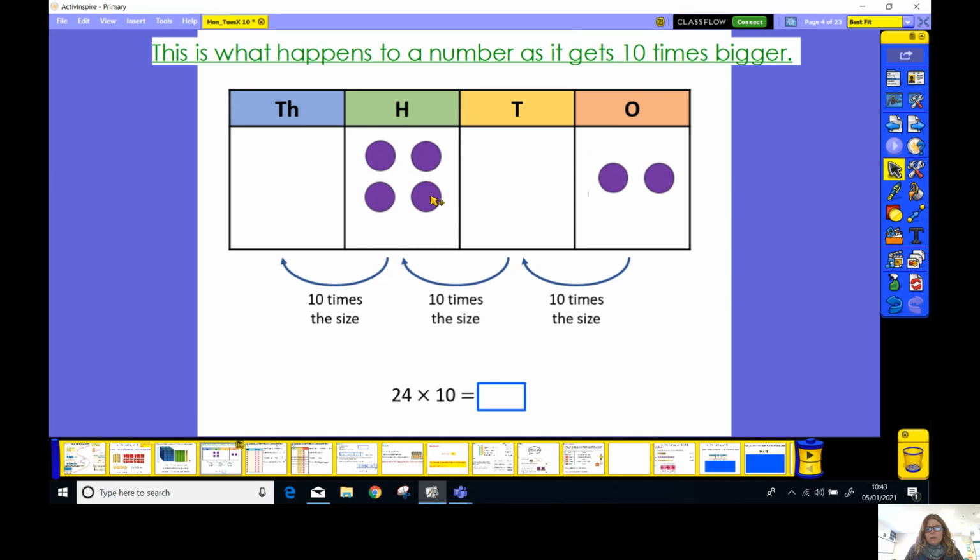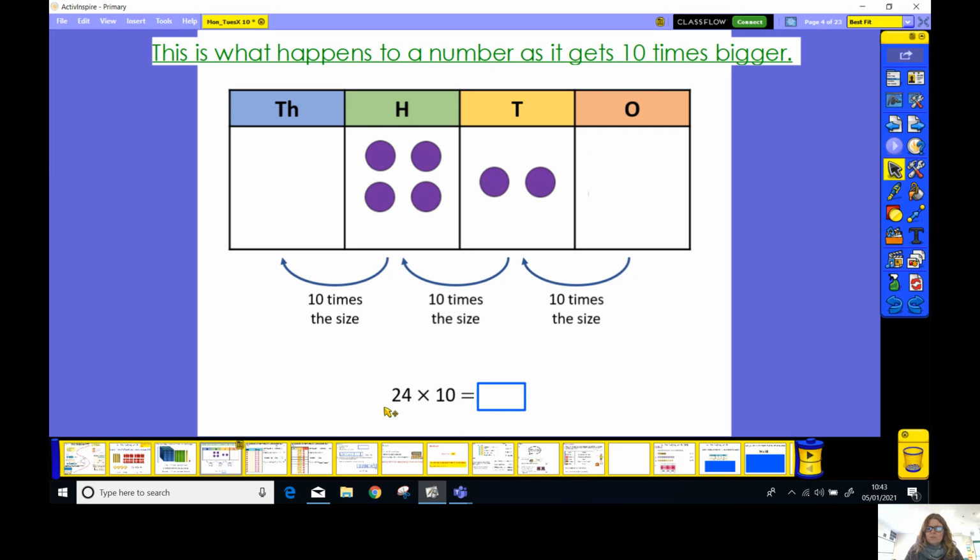So my 40 becomes 10 times bigger and it becomes 400. And my 2 1s, my 2, becomes 10 times bigger and it becomes 20. 42 times 10 equals 420. You'll notice there's a gap here. In that gap, we know that when we're writing out the numbers, there would be a 0 as our placeholder.